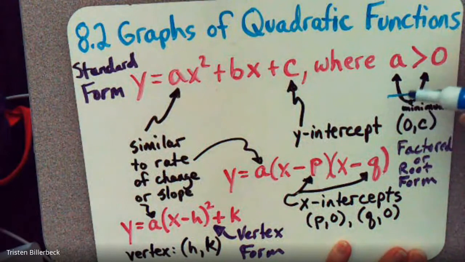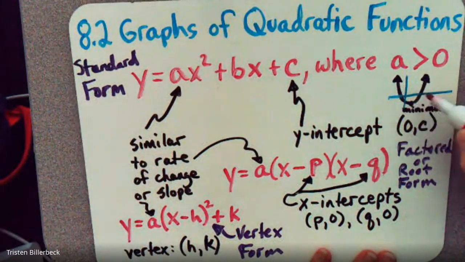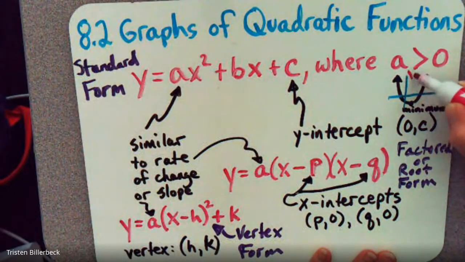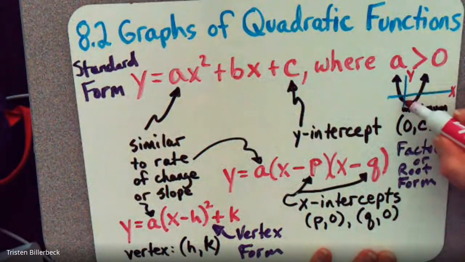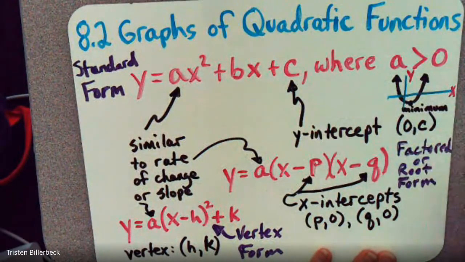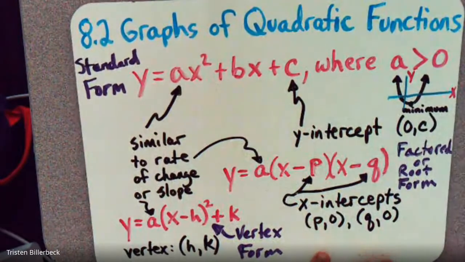My x-intercepts are here and here on the x-axis, and this is the y-axis. So the standard form gave us a y-intercept, this point here on the y-axis, but this one gives us the x-intercepts, here and here.